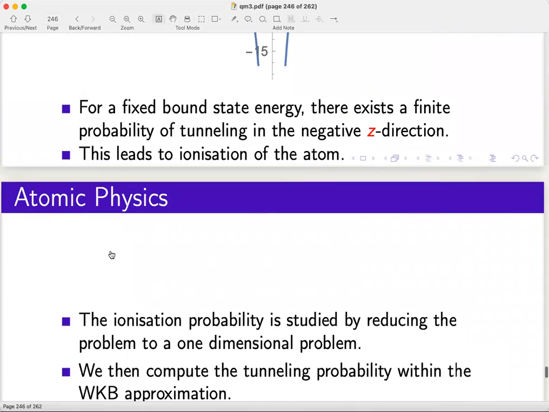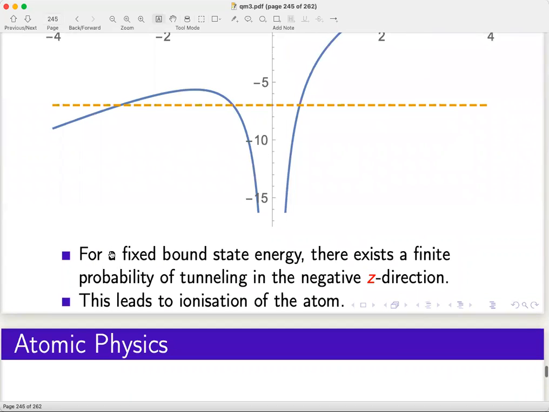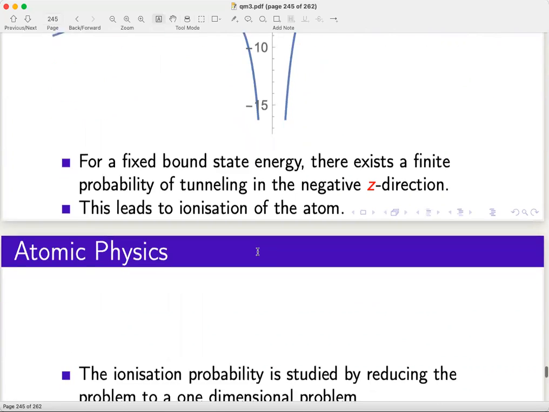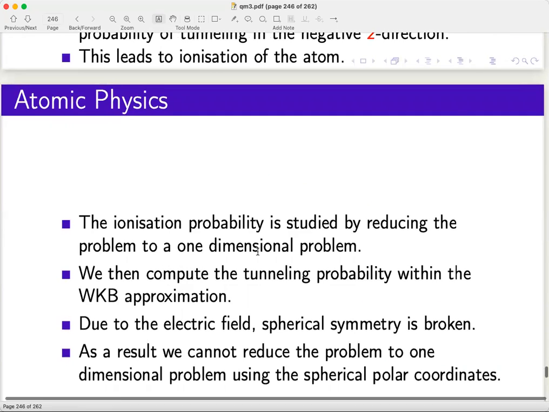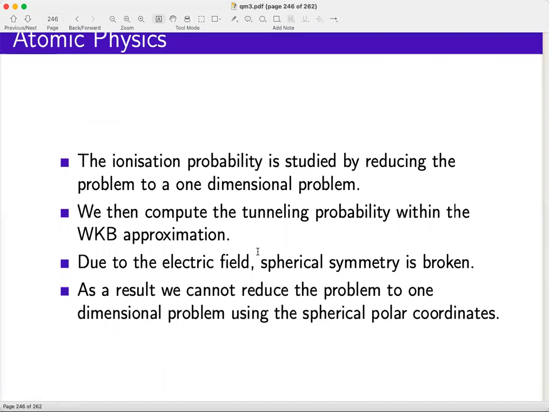So what we will do is try to get an estimate of the ionization probability by reducing this problem to a one-dimensional problem. To do that, we'll have to find the right kind of coordinates in which you could reduce it. This is something I think I had given as a homework assignment, but we will do it again here.